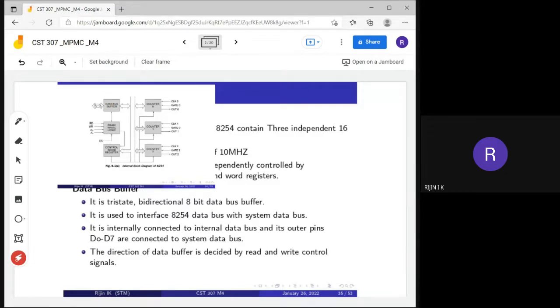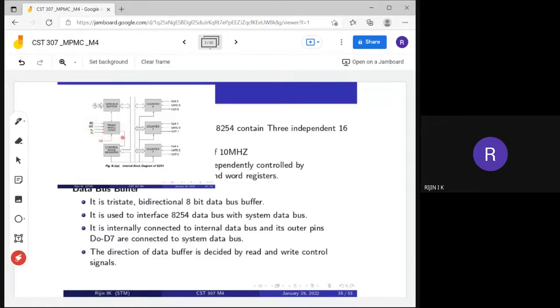Actually, it is a tri-state 8-bit data bus buffer used to interface the 8254 with the system data bus. All the data transfer between the processor and the 8254 IC is through this buffer only, and the direction of the data transfer is decided by two pins, the WR bar and RD bar pins in the control logic.